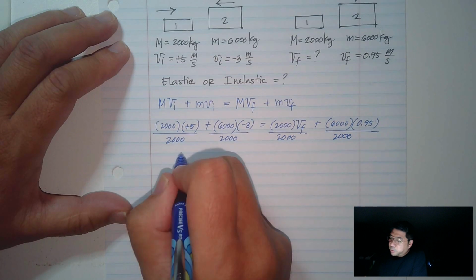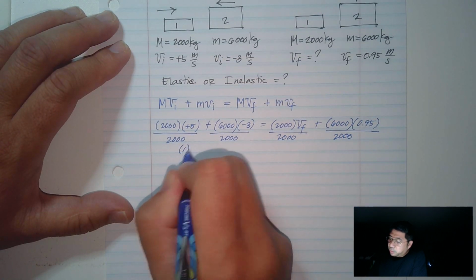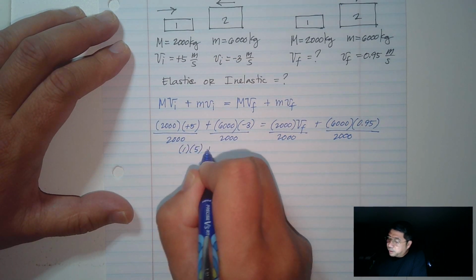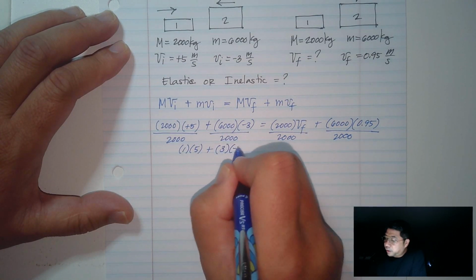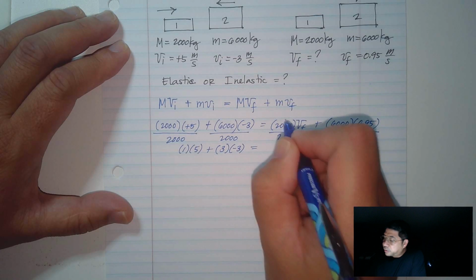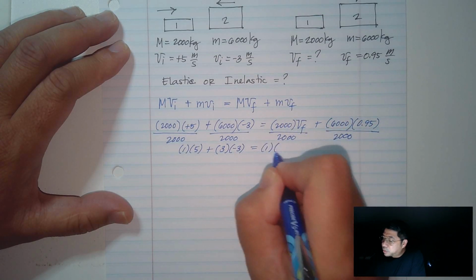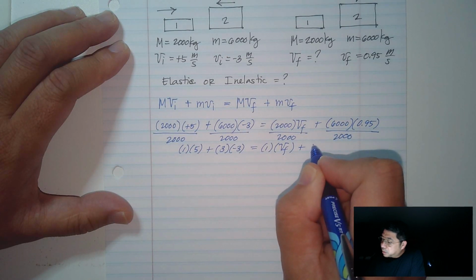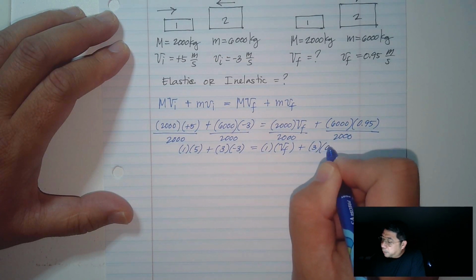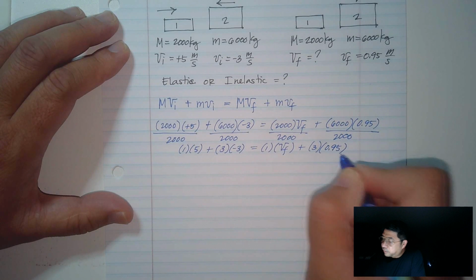So 2000 divided by 2000 is 1, multiplied by 5, plus 6,000 divided by 2000, so that's 3, multiplied by negative 3, is equivalent to 1 times Vf plus 3 multiplied by 0.95.